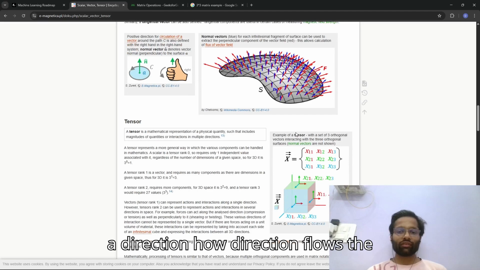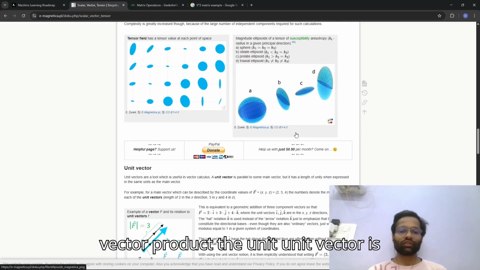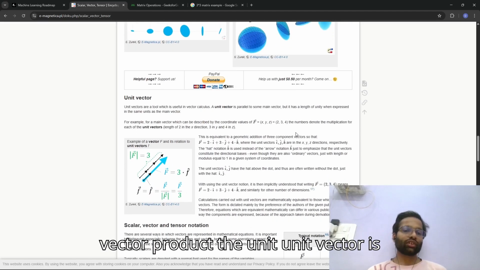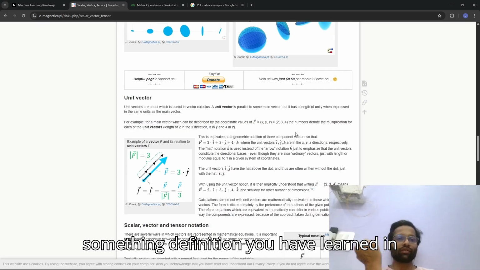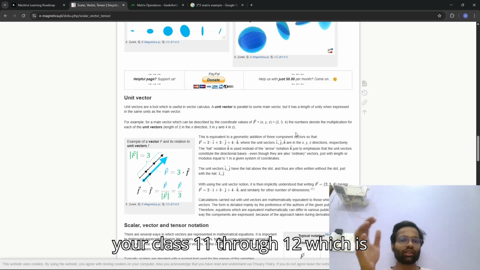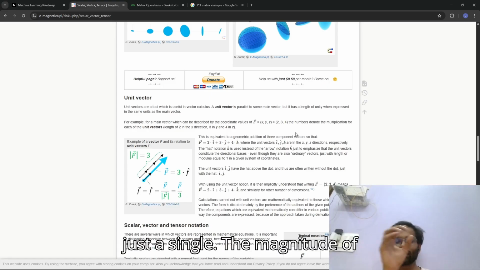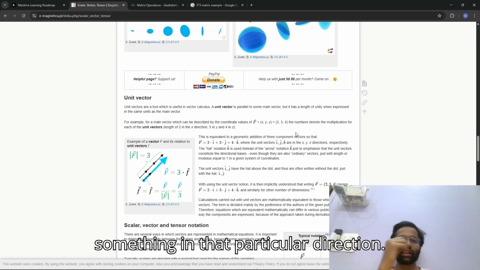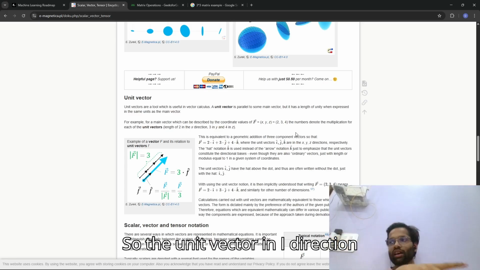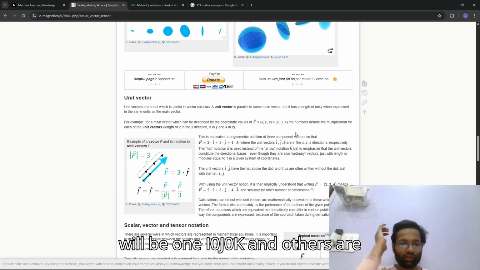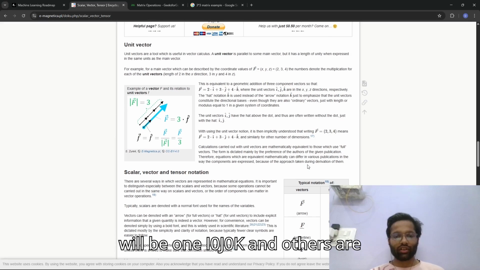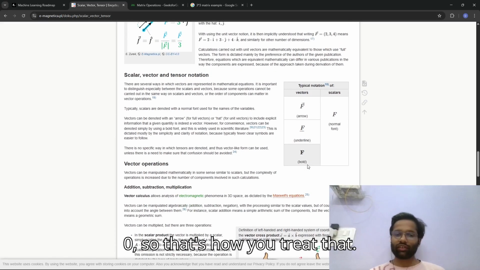So vectors have a direction, how the direction flows, the vector product. The unit vector is a definition you have learned in your class 11th or 12th, which is just a single magnitude of something in that particular direction. So the unit vector in the i direction will be 1i, 0j, 0k, and others are 0. So that's how you treat that.